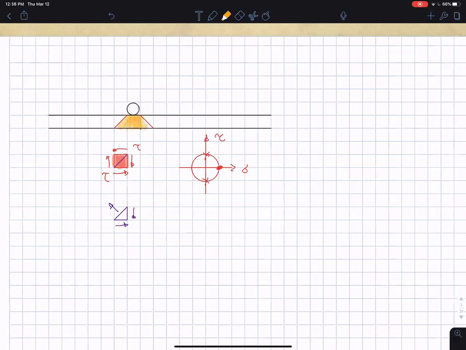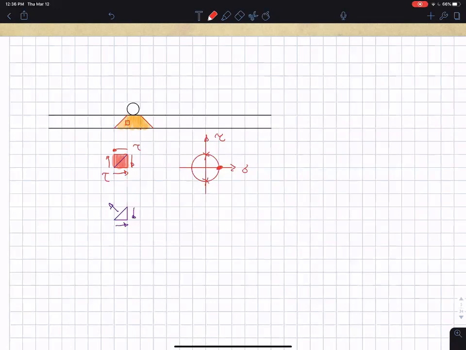And if you've ever done this, or if you've ever seen a rock hit a piece of glass or shot a BB at a window, you would see on the back side a cone of glass pops out. And why is this? If you do look at a stress block right here where you think it's going to shear out, you would get this.